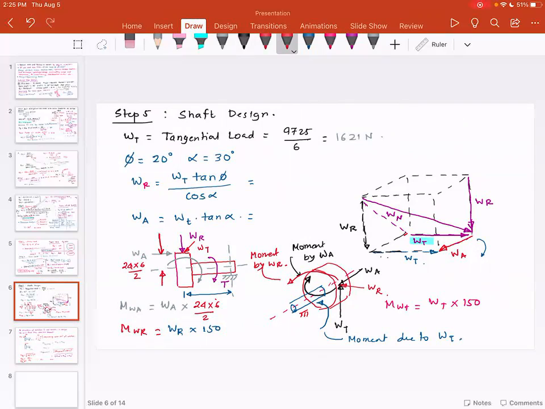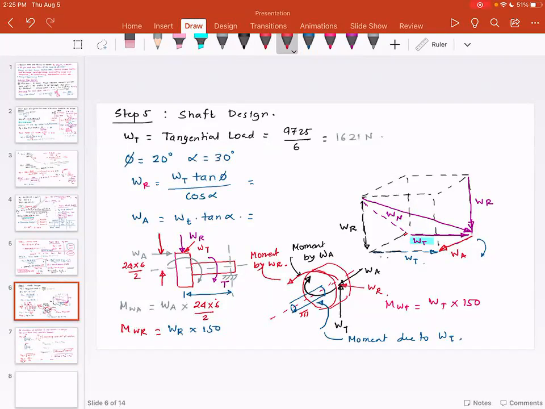Aaron, did you understand that the WA direction is not important when we are calculating the shaft design, because depending upon the rotation, your WA could go towards the shaft or out of the shaft. But at the end, we are looking at the case when the forces and the moments are maximum, because we want our design to be safe.